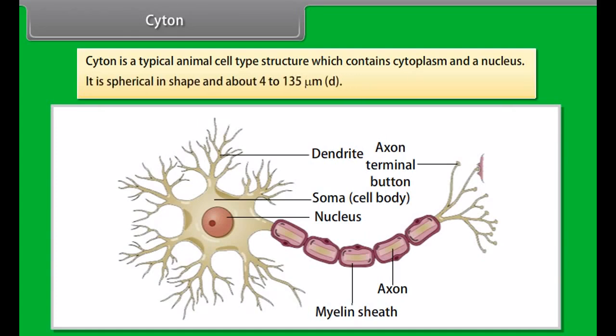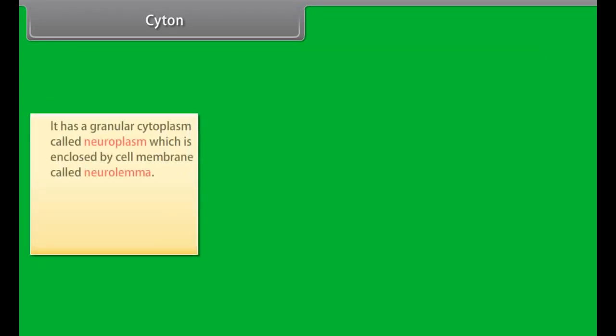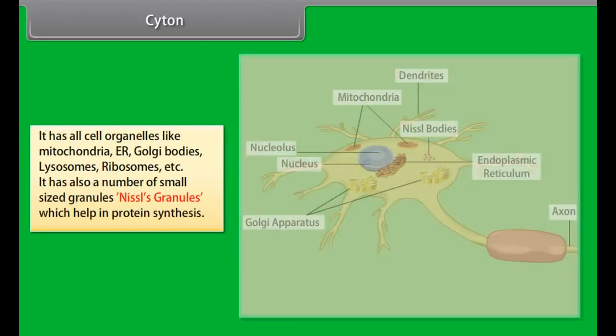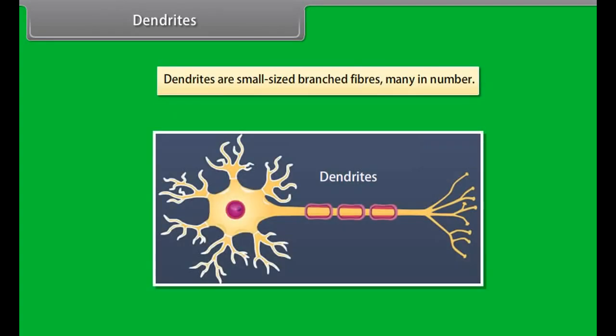Neuron is the longest cell in the human body and is about 100 centimeters long. A neuron is formed of three parts: cyton, dendrites, and axon. Cyton. Cyton is a typical animal cell type structure which contains cytoplasm and a nucleus. It is spherical in shape and about 4 to 135 μm.